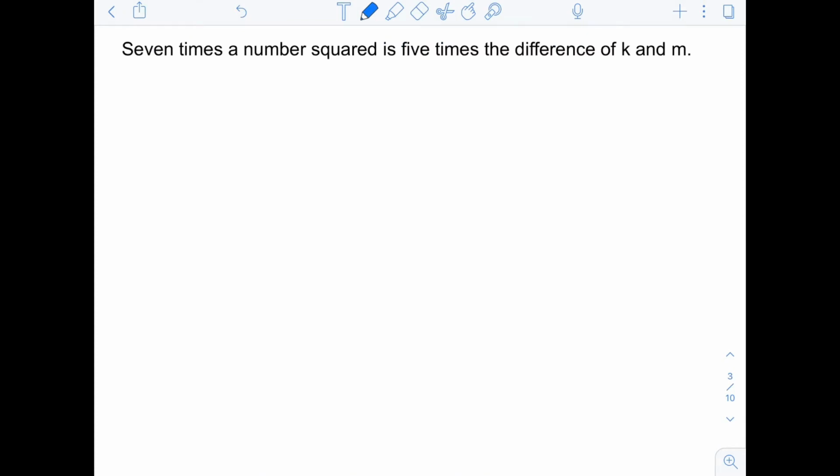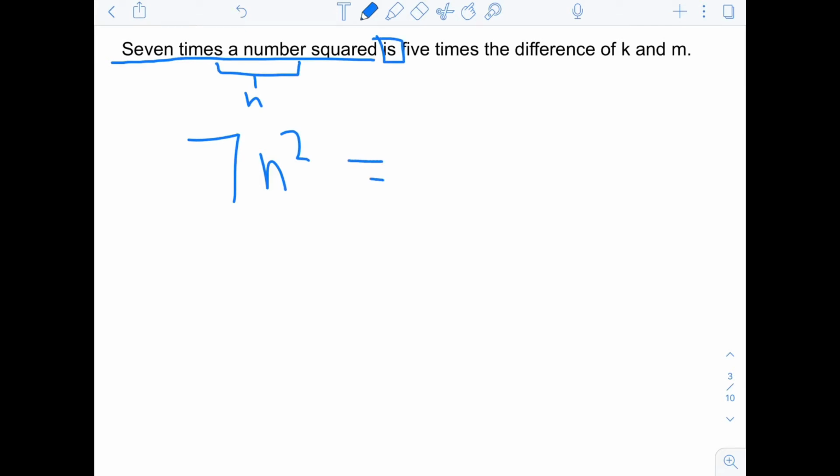So let's translate this sentence into an equation. 7 times a number squared is 5 times the difference of k and m. Let's start with the beginning part. 7 times a number squared. For a number, we'll use the variable n. And it's 7 times that squared, so that's simply 7n squared. Next part is "is." And "is" means equals.